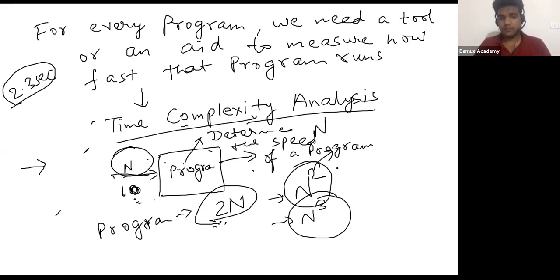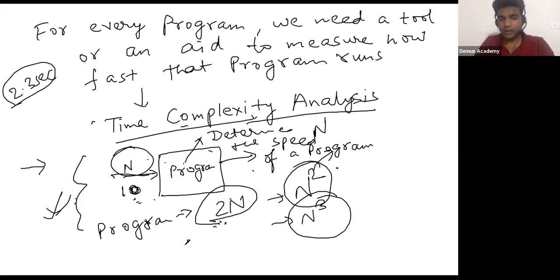Do you get this point? Why are we stressing so much on the size of the input? Yeah, because programs inherently are tied to the input, right? You don't know how big the input is. If the input is very large, the program will take longer, right?